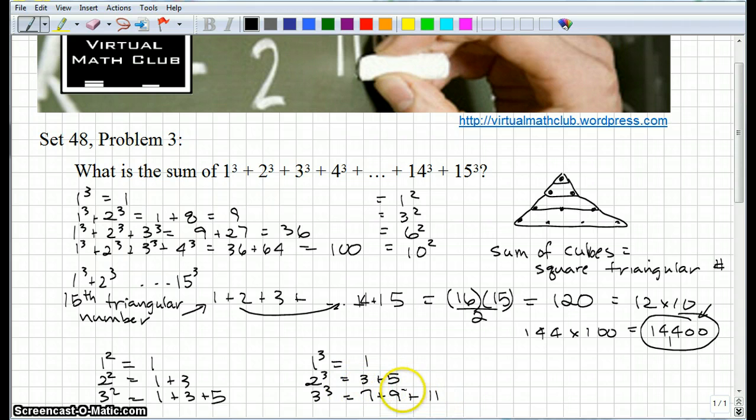Again, you've got consecutive odd numbers, but they're different. The first odd number is equal to the first cube. The second and third odd numbers are equal to the second cube. And here you have 3 odd numbers: the 4th, 5th, and 6th odd numbers are equal to the third cube.